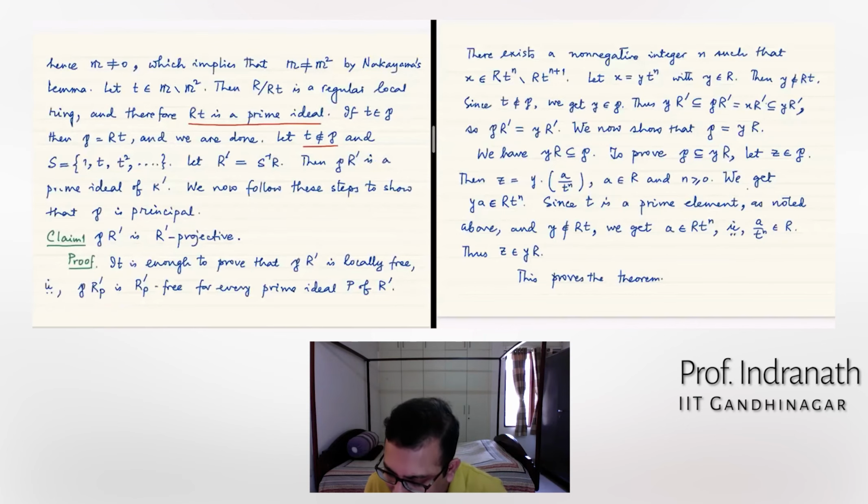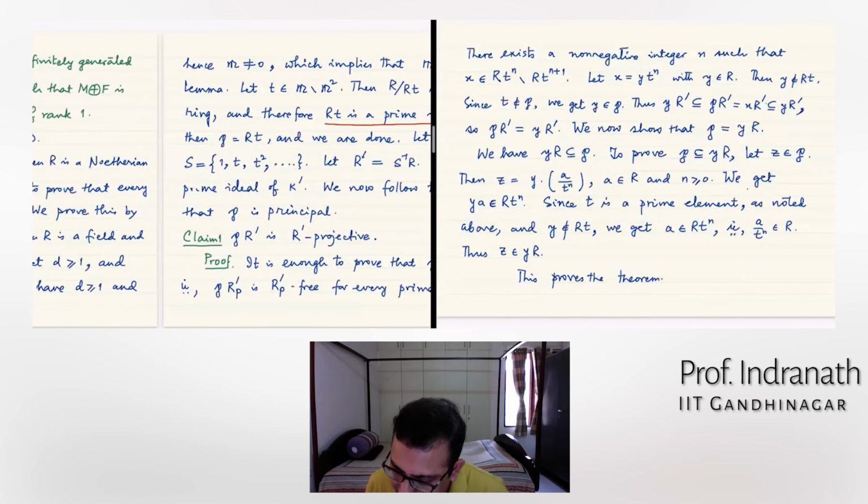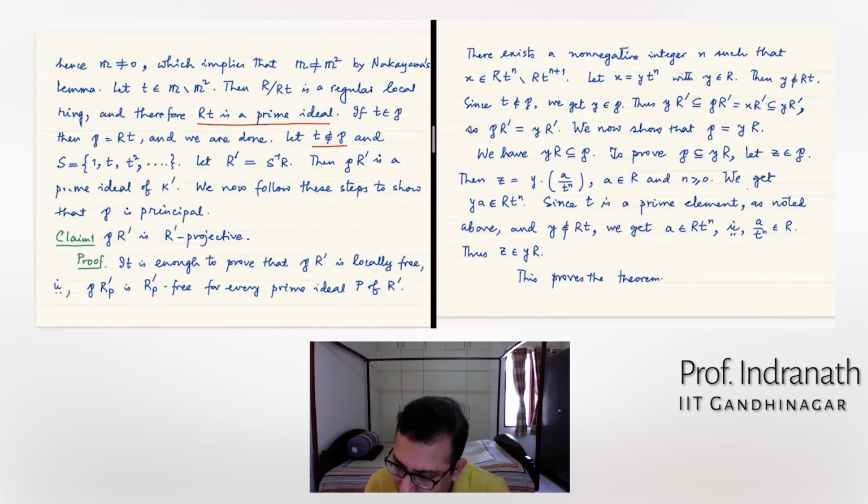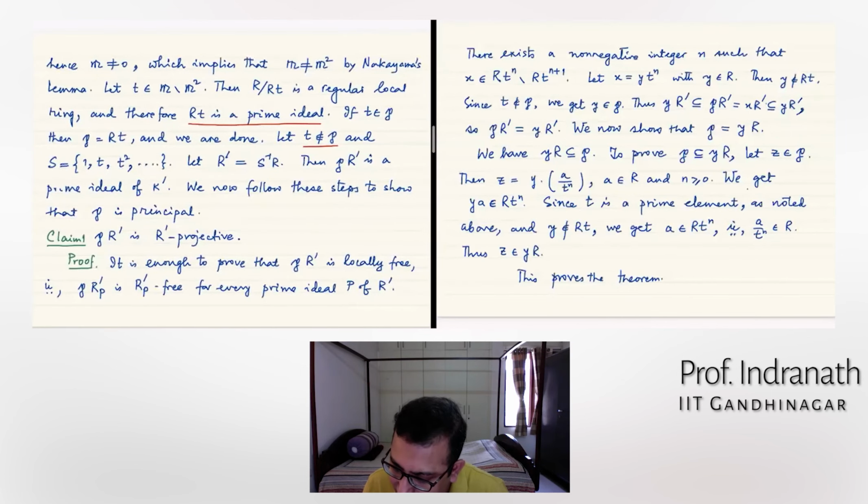So quite involved, quite a few things. Let me just show you the main thread: what you have done is that you are using induction on the dimension. Once you have a height 1 prime, you have situated yourself where you have extended the ring to this S inverse R, where S is the multiplicatively closed set with respect to such an element t, such that t is avoiding P, but t is in M minus M square.